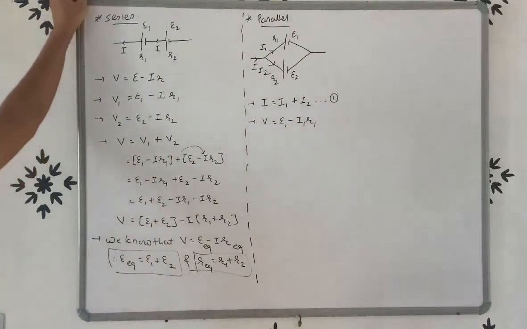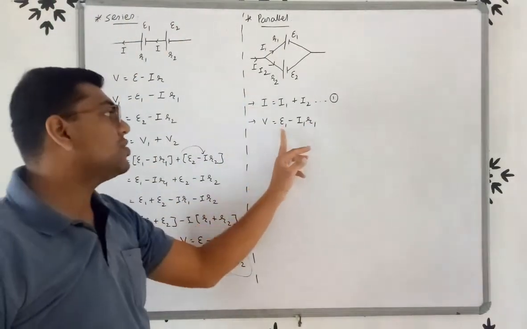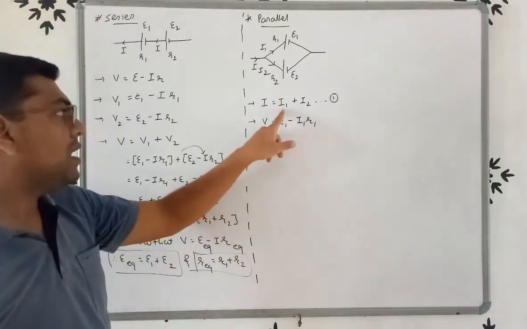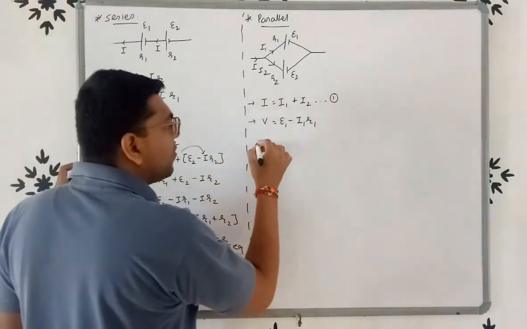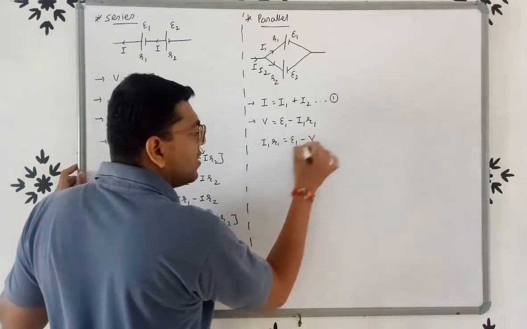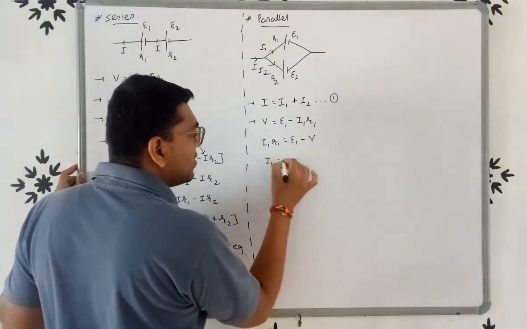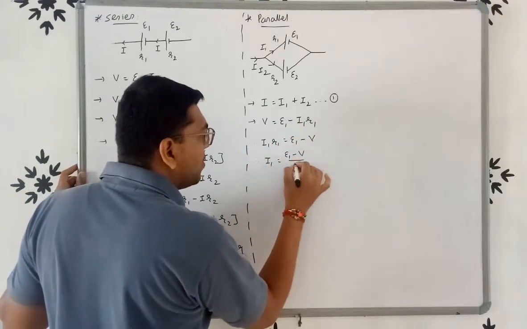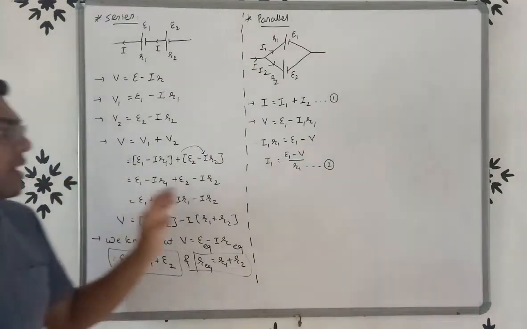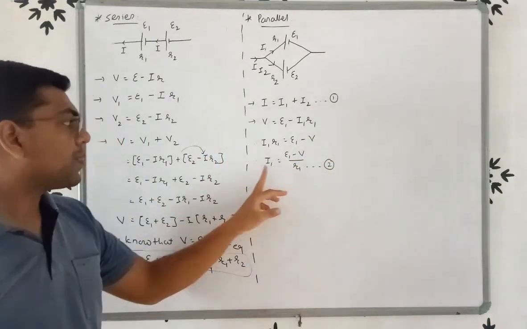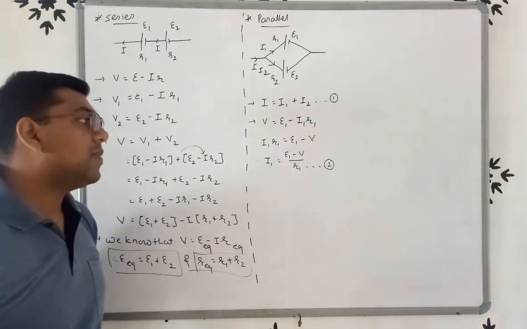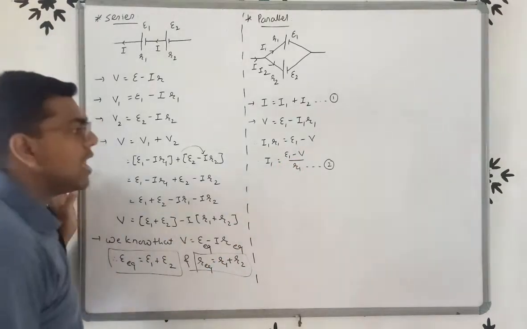So for cell 1, V is equal to E1 minus I1 R1. We have to find the value of I1. If we rearrange, I1 R1 is equal to E1 minus V, so I1 is equal to E1 minus V upon R1, equation number 2.